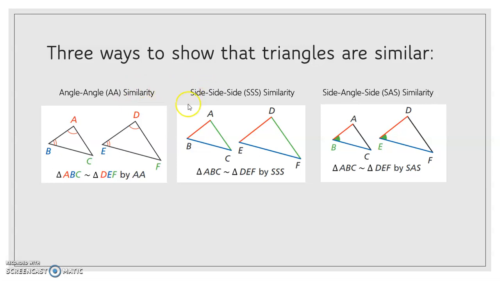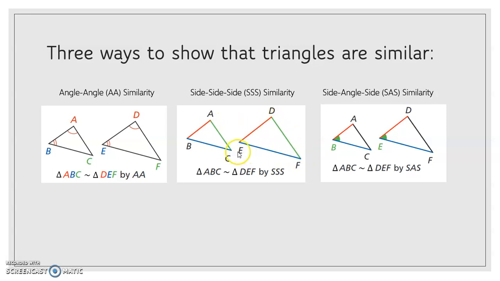The next one we have is side-side-side similarity. Now, think back to what you know about the sides of similar figures. It's not that they have to be congruent, they have to be proportional. So these two red sides that correspond have to be proportional, which means if I make a fraction with their two side lengths, it has to equal the fraction made by the green sides.